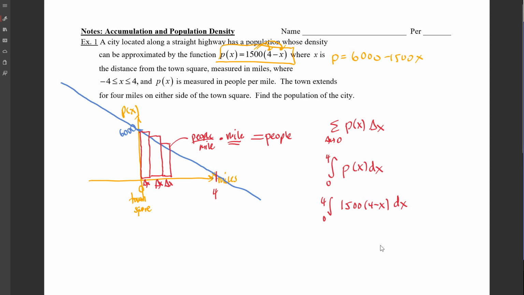The population density here should decrease as we go away from the town square. So if I actually get the area under the curve from negative 4 to 4, what would I really be getting? I'd really be getting this large triangle, not the real density that I want.